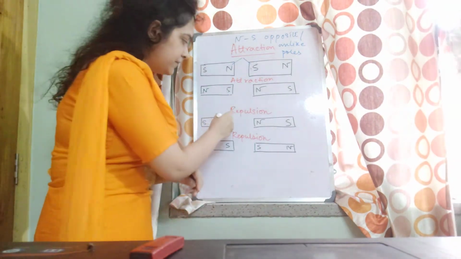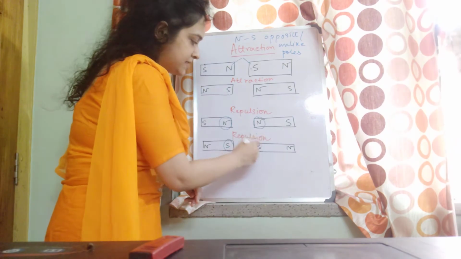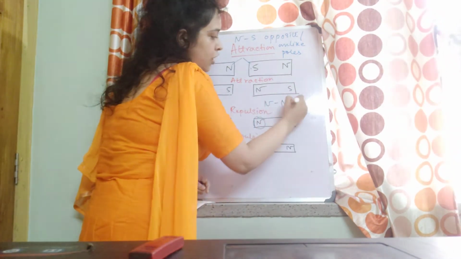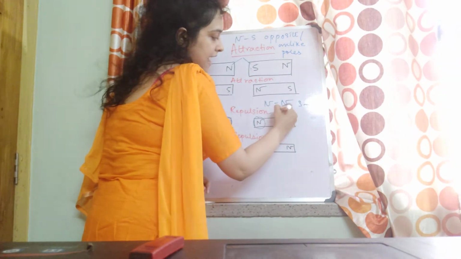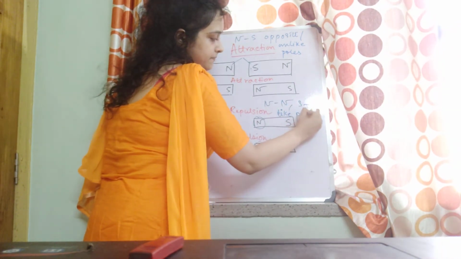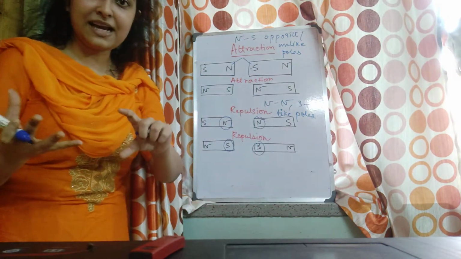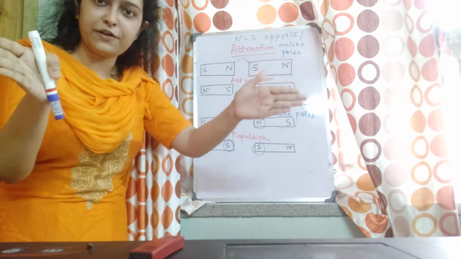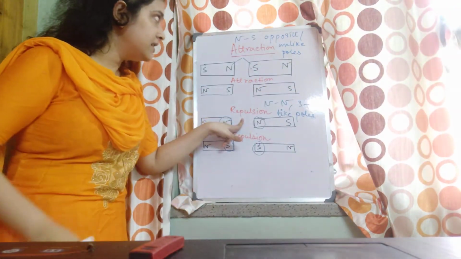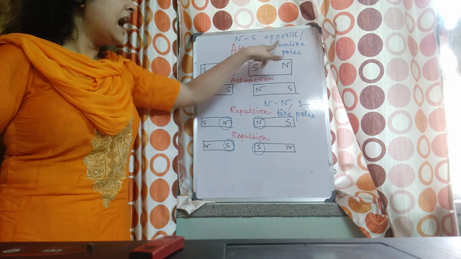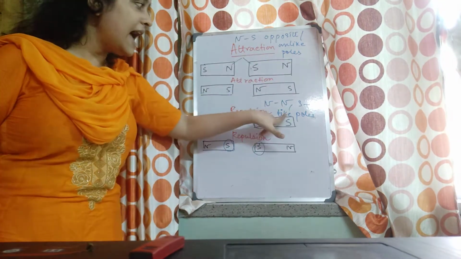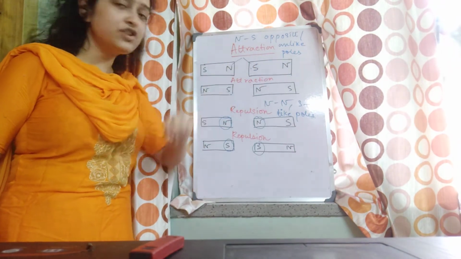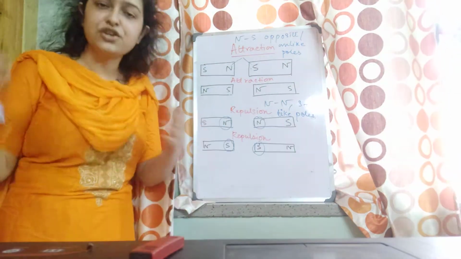But whenever we bring north, north or south, south, that means the same poles, like poles, similar poles, together, we will find they try to move away from each other. Repulsion. Here, attraction. Unlike poles attract each other, like poles repel each other.